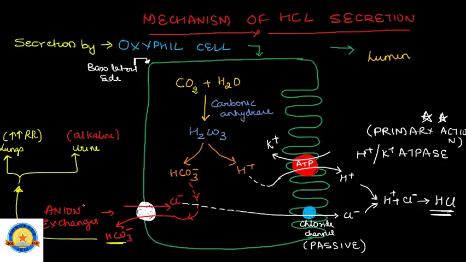Now this total, the elimination of HCO3 in the lungs and the elimination of HCO3 in the urine, is called the postprandial alkaline time. Post means after, and prandial means food.